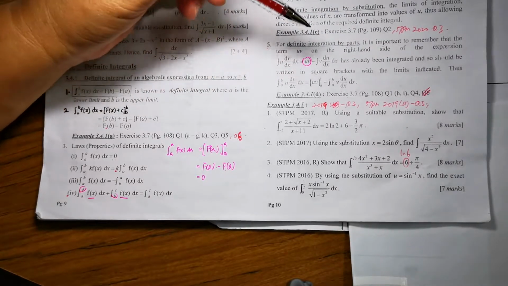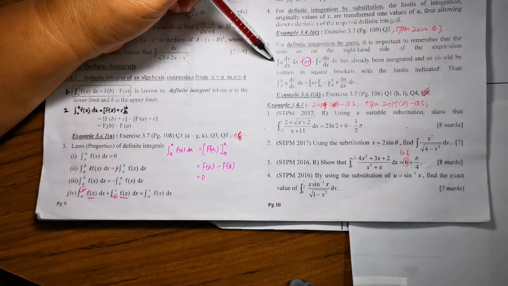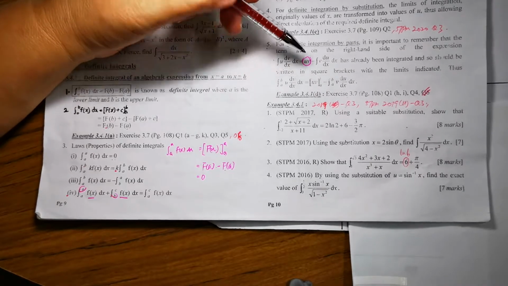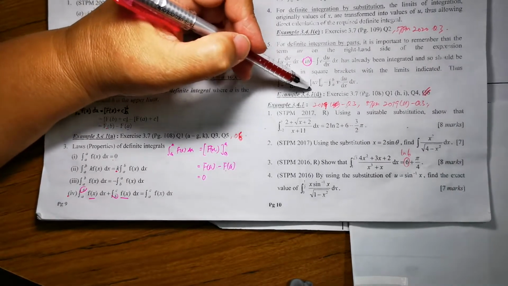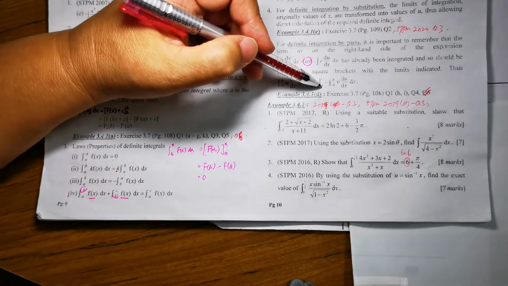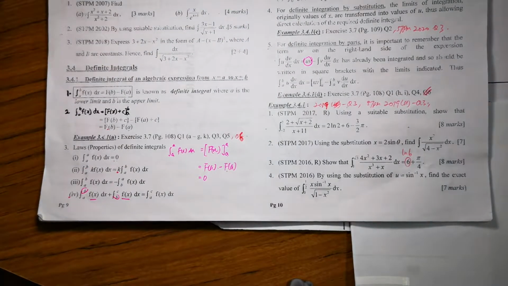So this one is for indefinite integration. So when it comes to definite integration, the only thing different is we add in the limits a, b. Because this one is already integrated, so we just straight away put limit a, b here. Okay, so just remember this step.